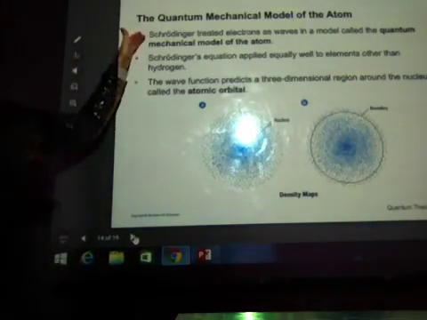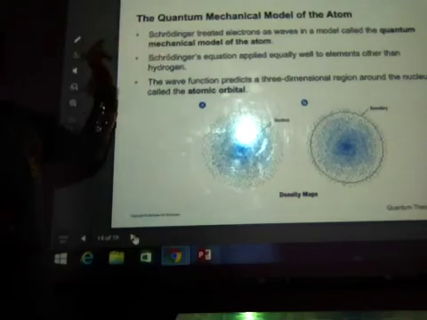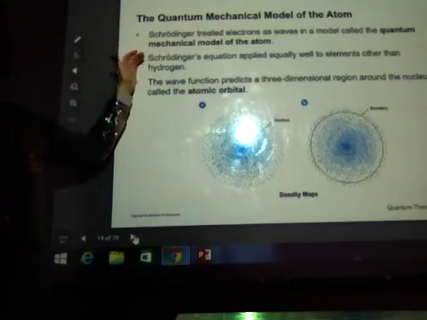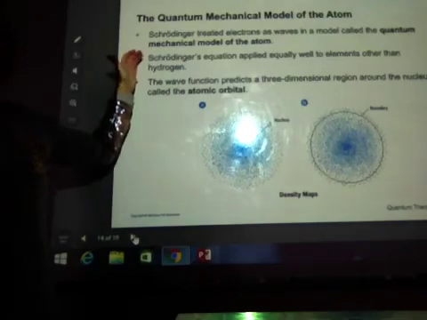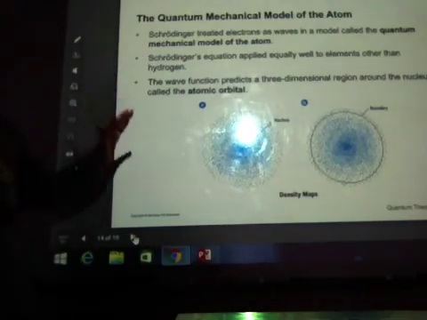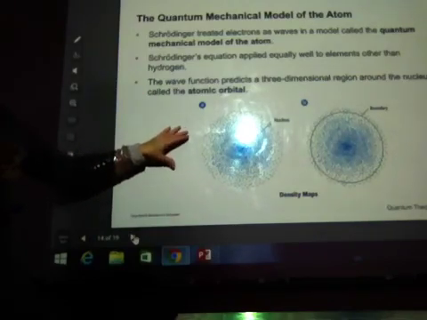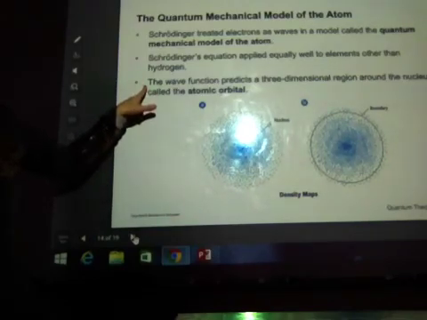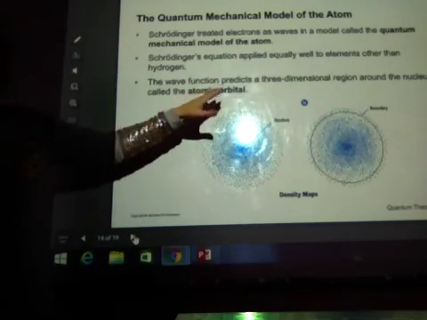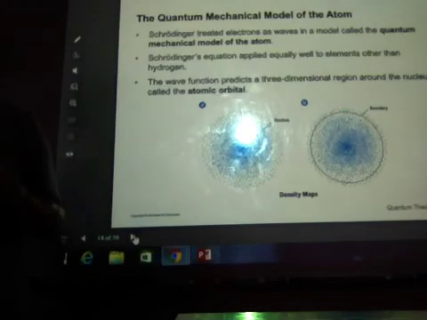Schrödinger then treated electrons like waves and called it the quantum model of the atom. His equation applied equally well to all elements, not just hydrogen. So we have someone looking at more things. And he predicted that there's a region around the nucleus called the atomic orbital.